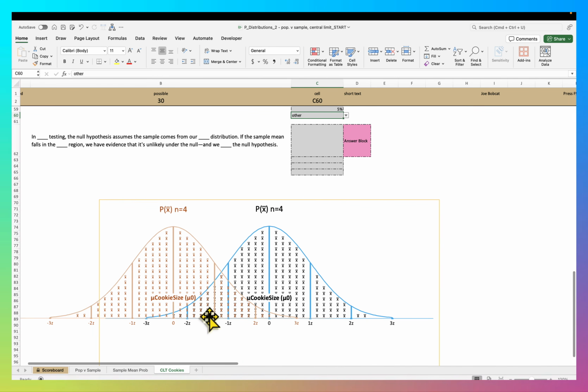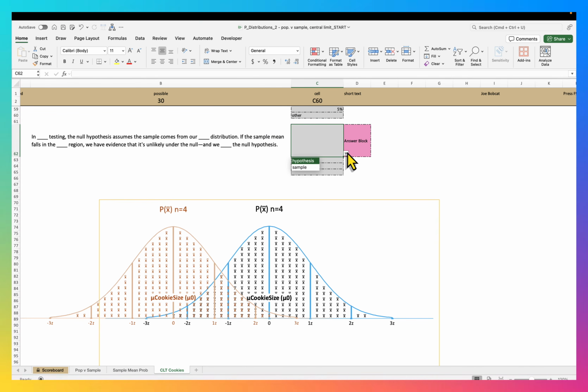A sample out here in the tail is actually really close to the mean of this distribution, so we might be tempted to say, hey, maybe that sample doesn't really belong to our distribution, it belongs to the other one, which would mean rejecting the null hypothesis.